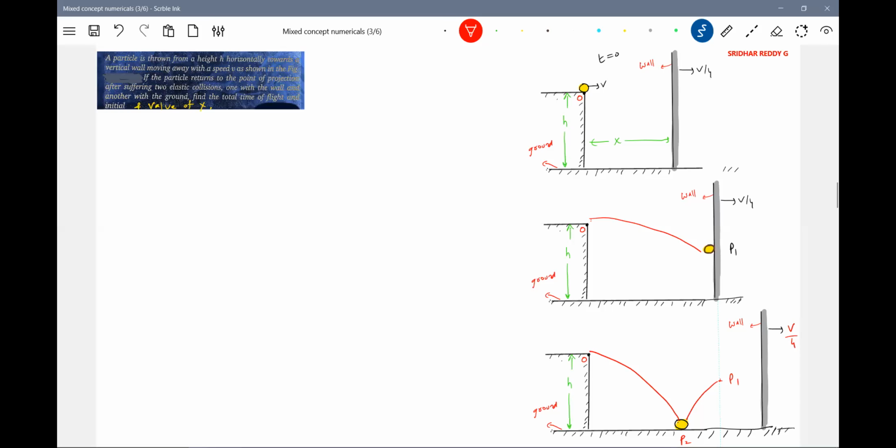There are 3 instants of time, no? Time taken by the ball to move from the point O to point P1, from P1 to P2, and again P2 to O. That is what is being asked, the time of flight, and the value of X. This much is our question. So let me indicate some lengths here. This I'll call X1, and this distance, let me call X2.